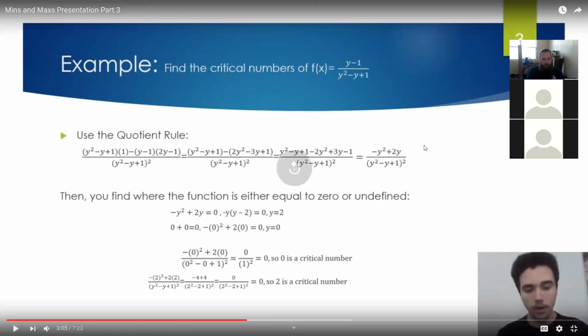A quick note here, if we wanted to, we could use the quadratic formula to find where the bottom is equal to 0, right? We can compute the discriminant really quickly to see if any of those exist. So b squared minus 4ac: b squared is (negative 1) squared, which is 1, minus 4 times 1 times 1, is 1 minus 4, is negative 3.